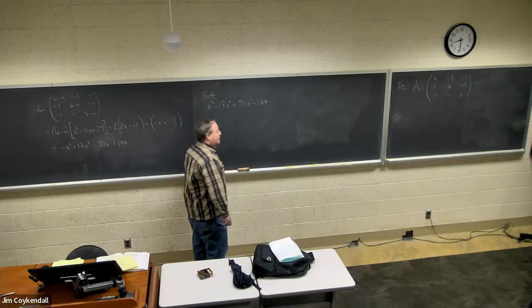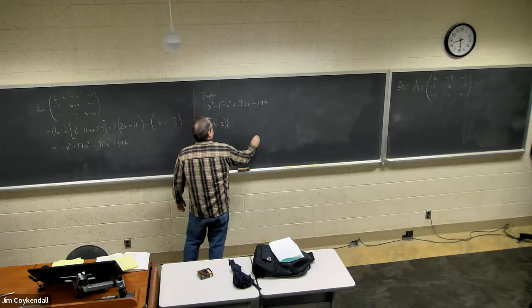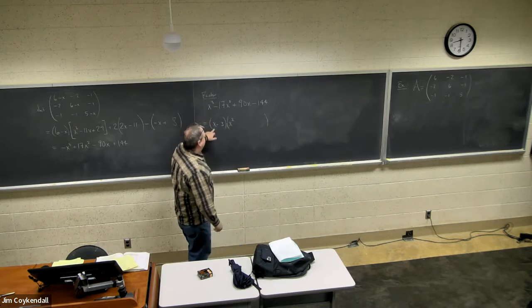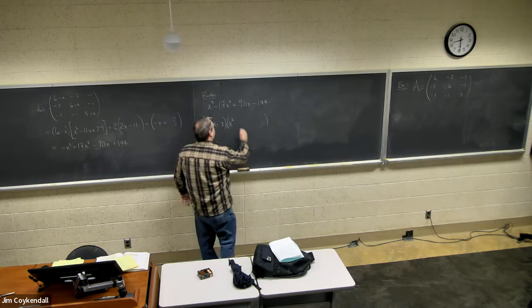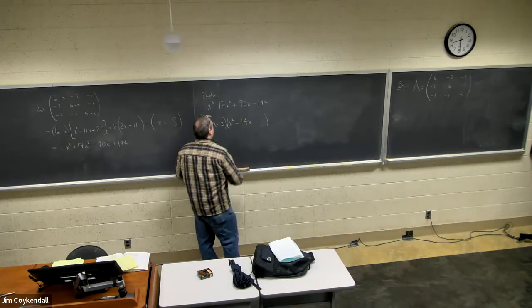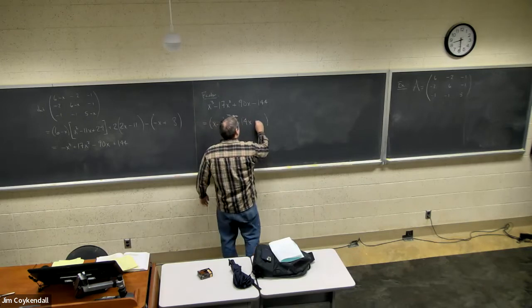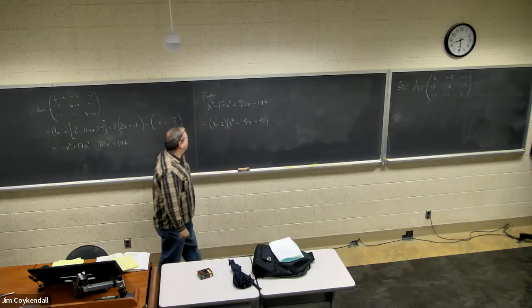This has to have a factor that's x minus 3. So that better be an x squared there. I've got a minus 3x squared, so I need minus 14x. Take that out. And if this works, this better be plus 48. That's 3 times 48, 144.